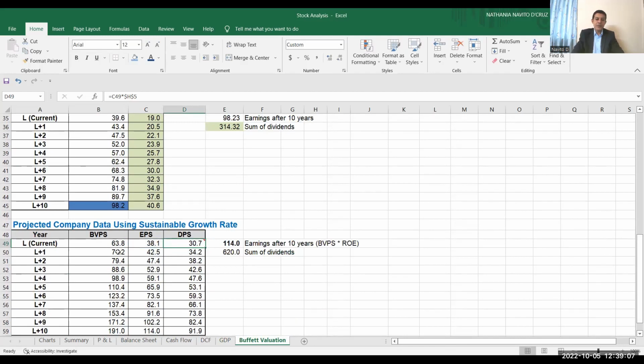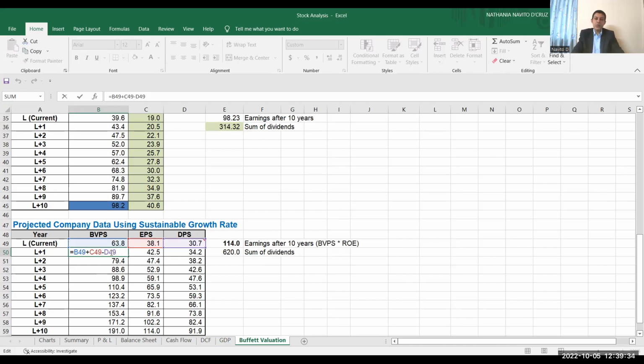So now similarly, we calculate our subsequent year's book value per share. Subsequent year's book value per share will be the previous year's book value per share plus the retained earnings, right? So the earning per share of the previous year minus whatever dividend has been distributed by the company, that delta we add up to get the subsequent year book value per share.